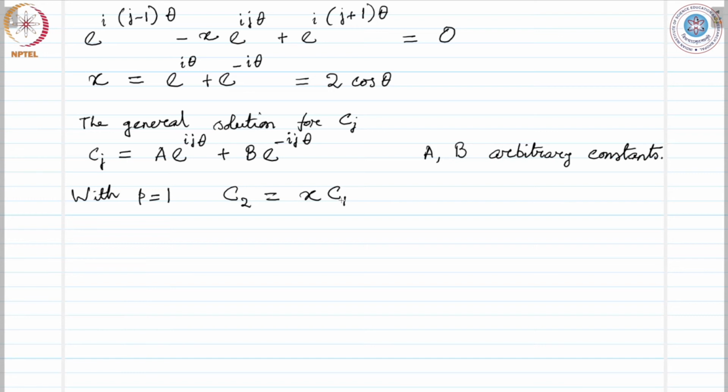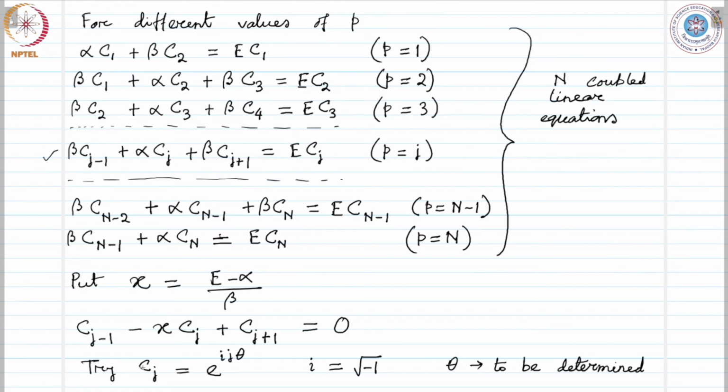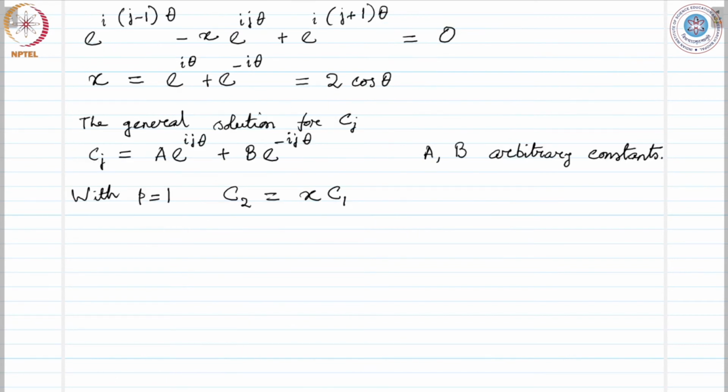If we have that, then from the general solution we can write A e power twice I theta plus B e power minus twice I theta.